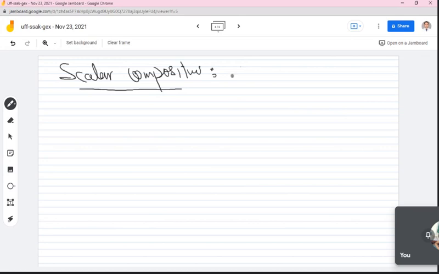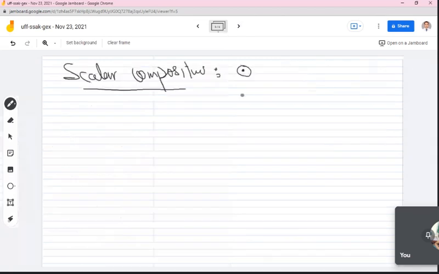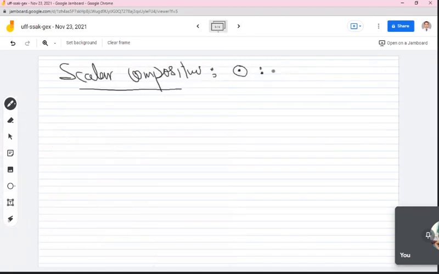So I can write from here GF2 cross WG to WG. Is it clear?